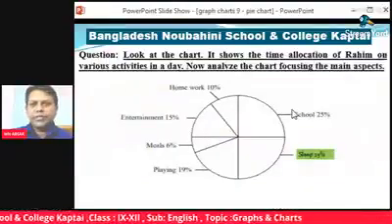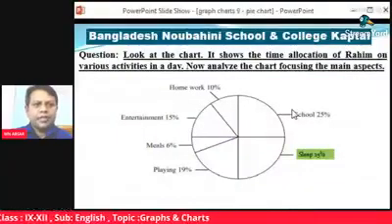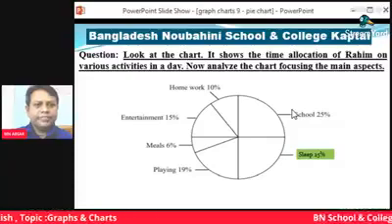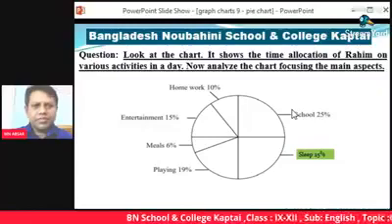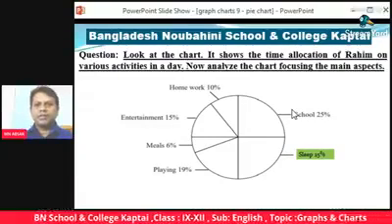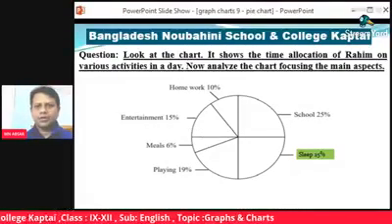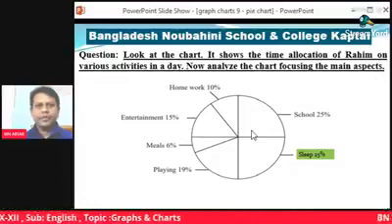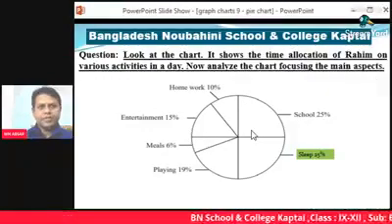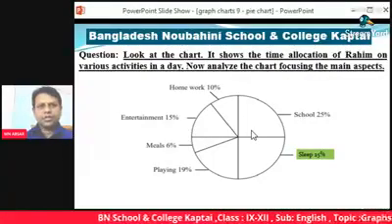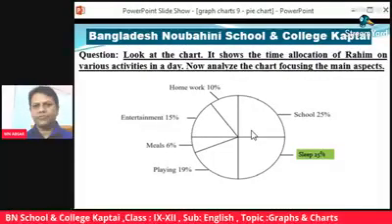At first, look at the question. What is the question? The question is, locate the chart. There is a chart you see in the picture. This is a chart, okay? Especially it's a pie chart. So look at the chart. It shows the time allocation of Rahim.